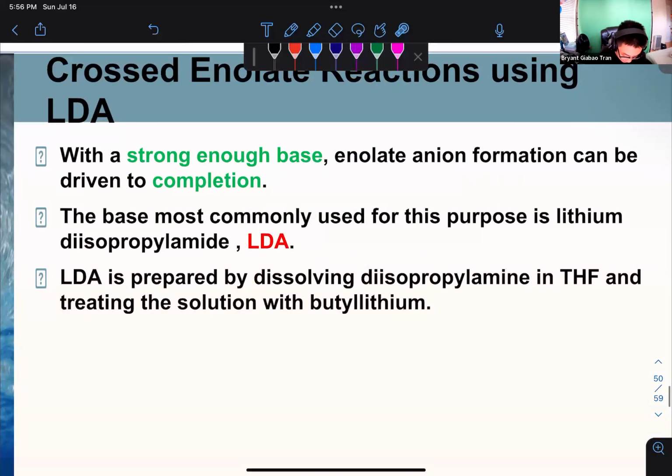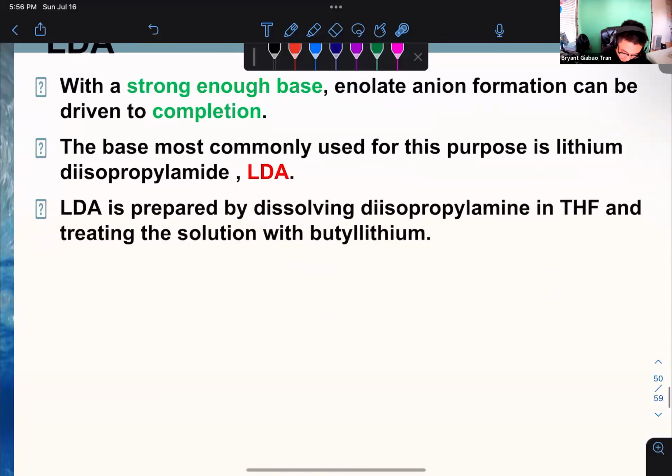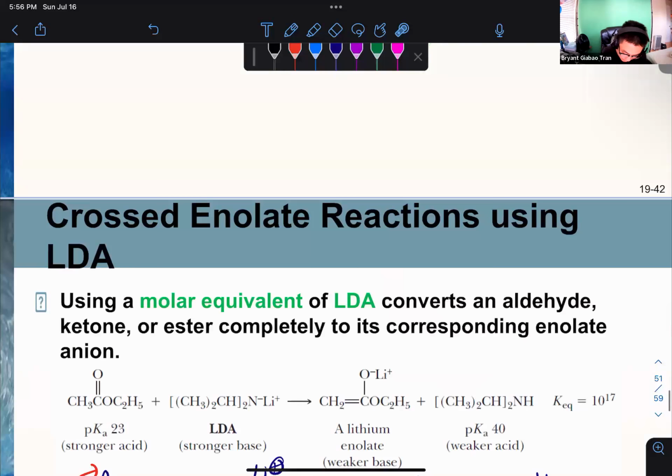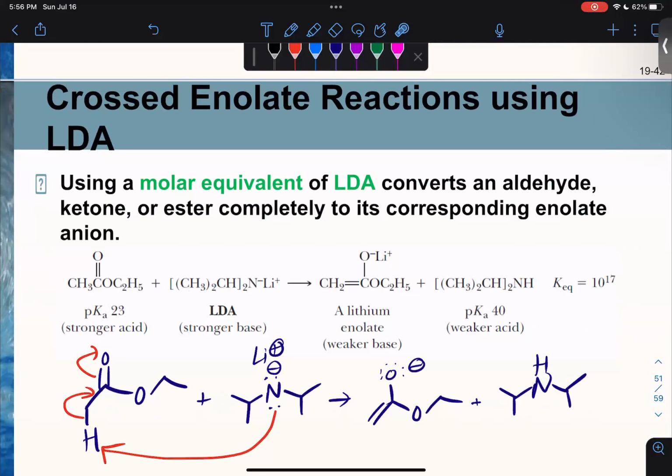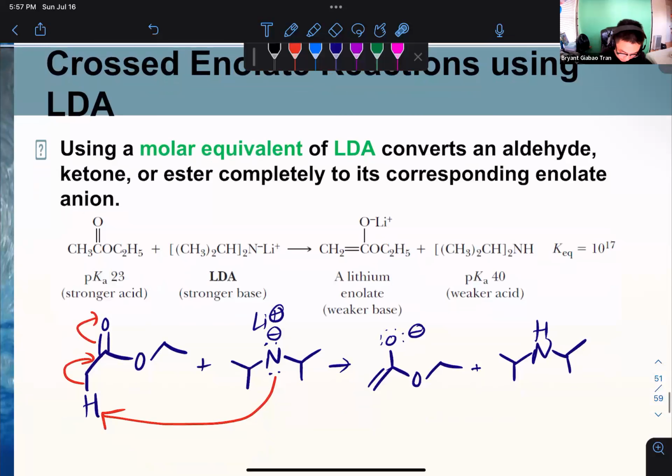LDA is a strong, bulky base. Enolate anion formation can be driven to completion, irreversible. Most commonly used for this is LDA, but that's just lab stuff. Isn't LDA for like E2? Yeah, it could be used for E2. It could also be used for Claisen condensation, Aldol reaction, or any enolate reactions.